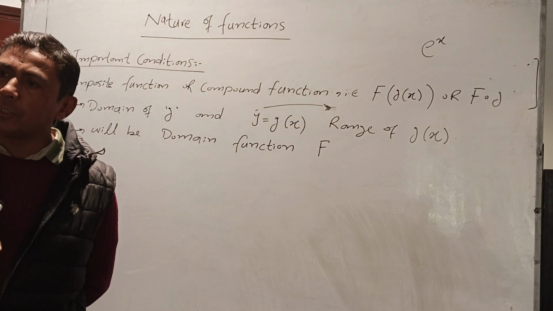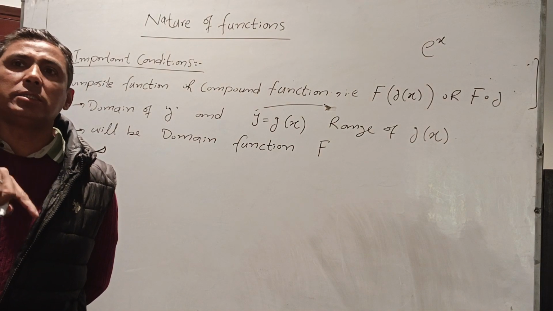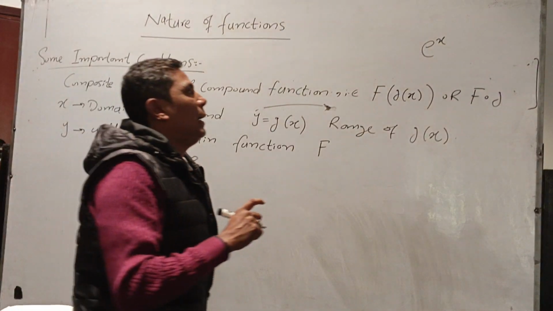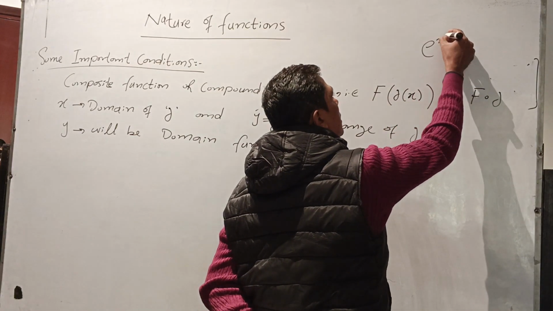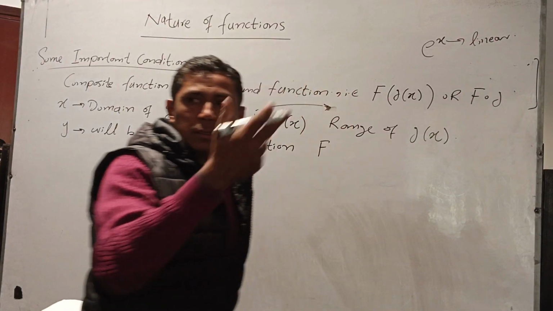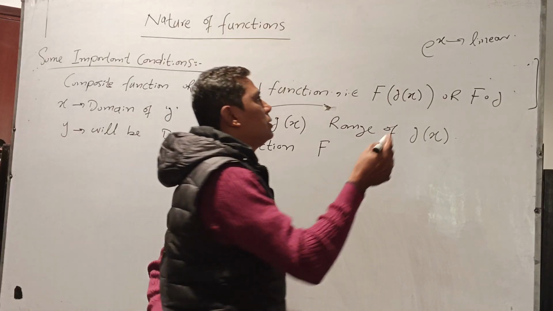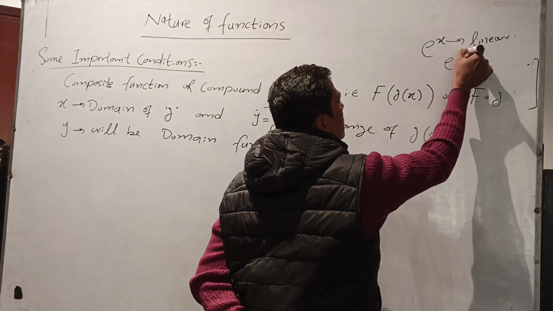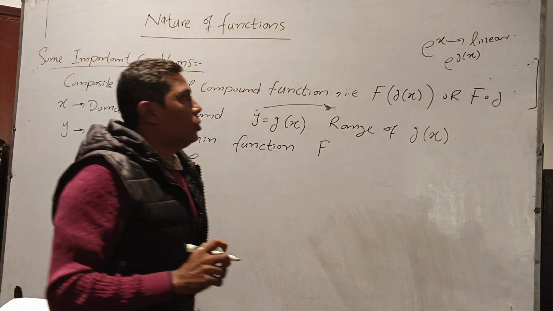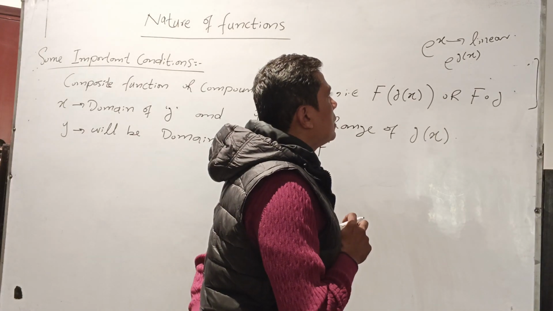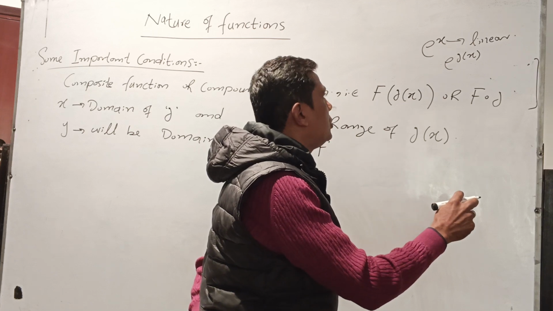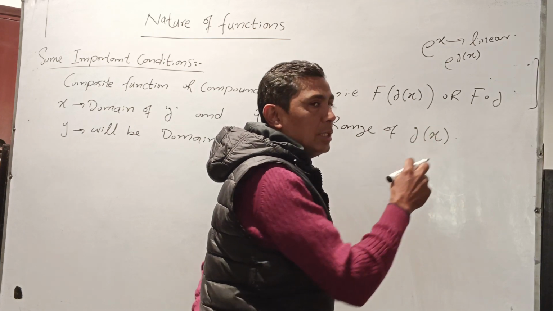Exponential is one nature of function, and it depends on another kind of function, for example a linear function. Here x is generally g(x). So we are taking an exponential of the function g(x).